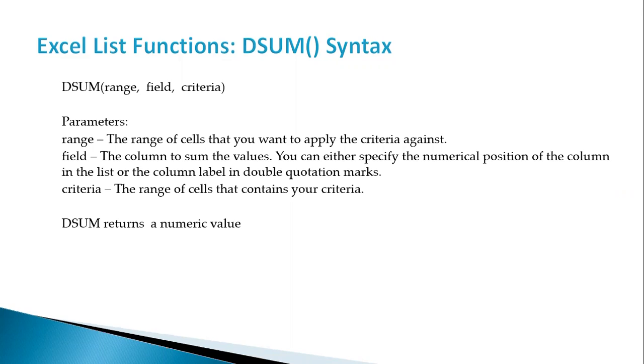You can do this in 2 ways, either by specifying the numerical position of the column in the list or by using the column label. But when you use the column label, it must be contained in double quotation marks.